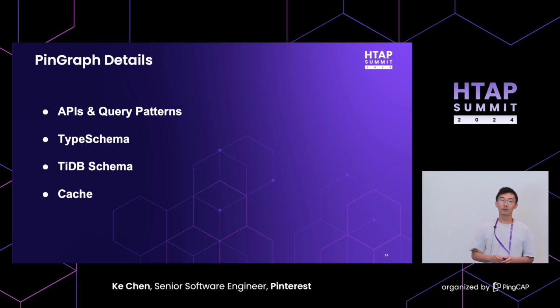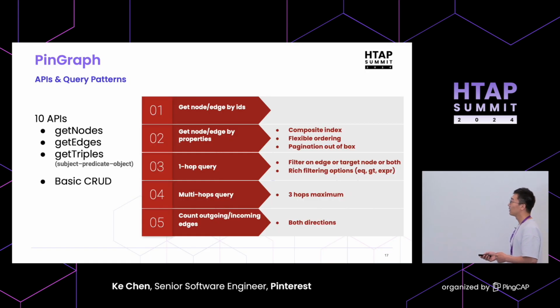After this high-level overview, we are going to jump into some areas to talk about our APIs, type schema, TiDB schema, and our caching layer. So the first is API and query patterns.